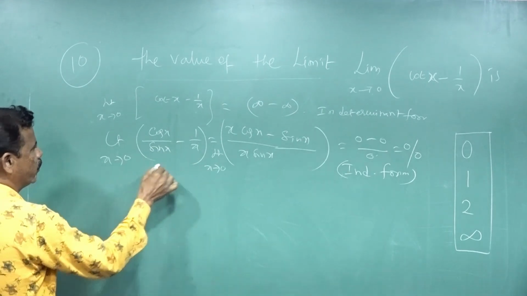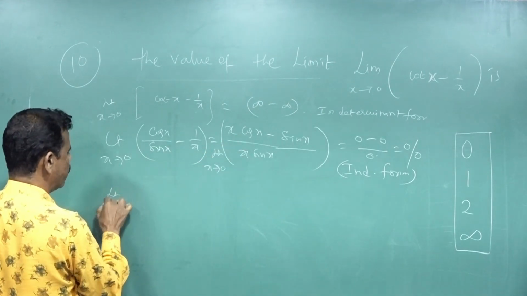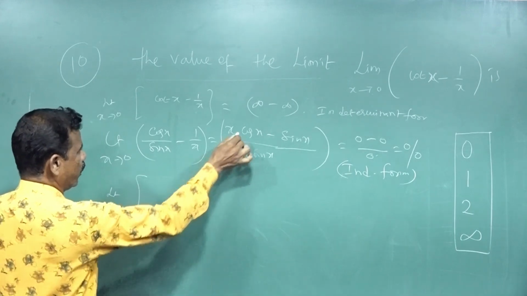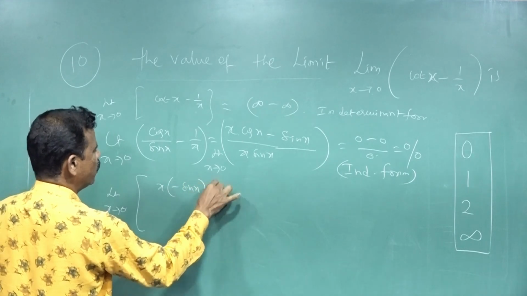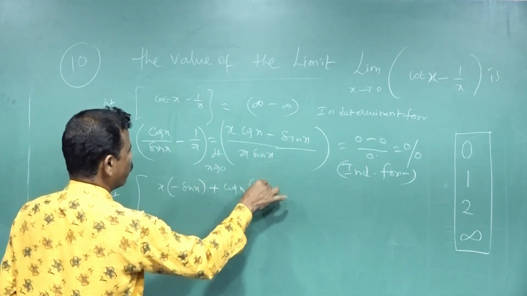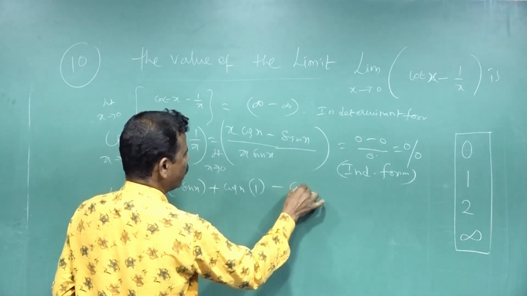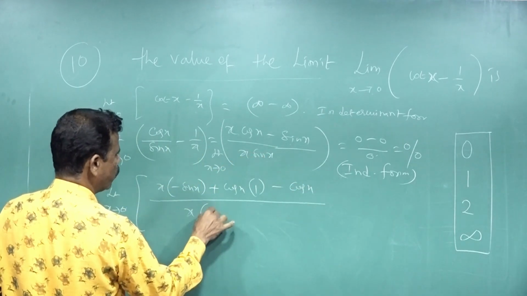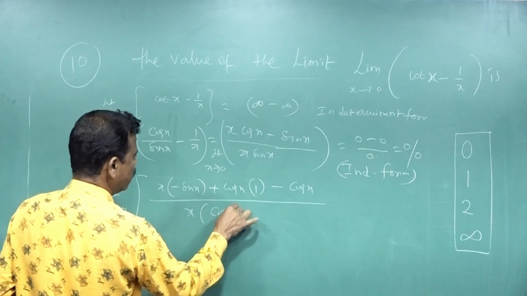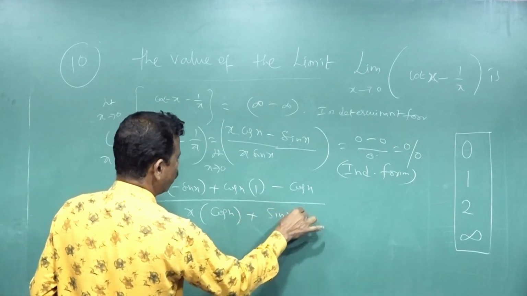Again we differentiate, with the limit as x tends to 0. Differentiating x cos x: x into derivative of cos, minus sin x, plus cos x into derivative of x, 1; then minus the derivative of sin x, cos x. Denominator x sin x by the UV method: x into derivative of sin x, cos x, plus sin x into derivative of x, 1.